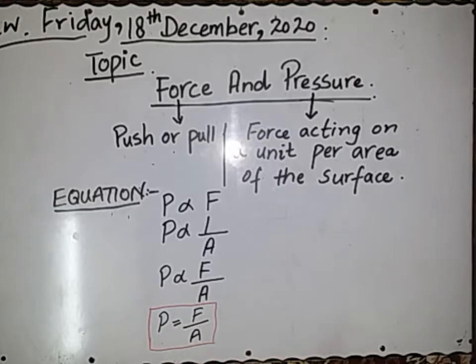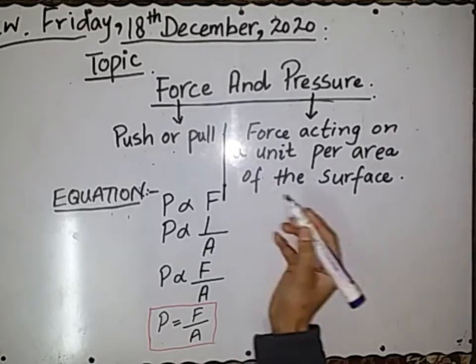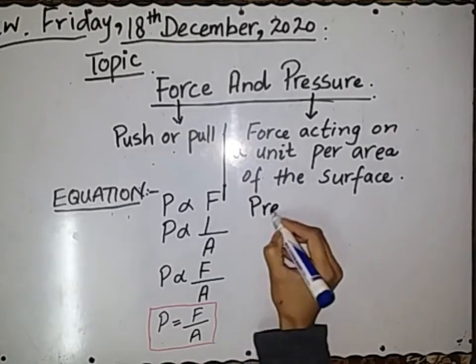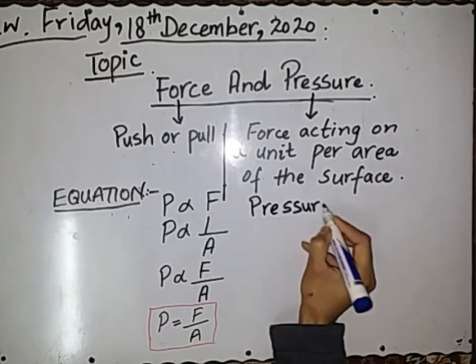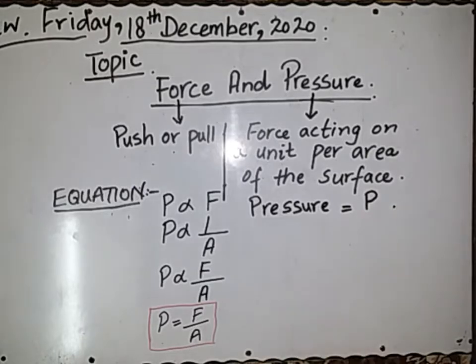Students, now move to the symbol of pressure. Pressure is denoted by the symbol P. Next is the unit of pressure.